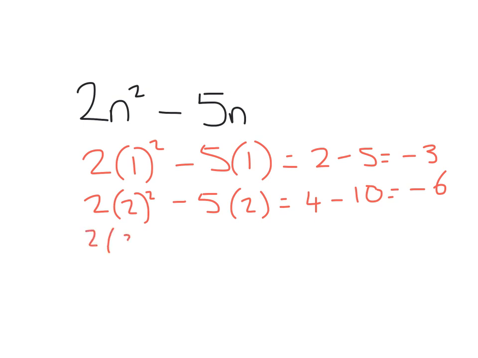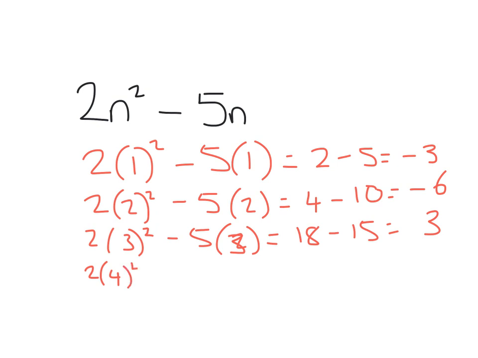For our third term, we've got 3 squared, which is 9. 9 times by 2 is 18. So we've got 18. Take away 5 lots of 3, because n is 3. And that will give us 15. So we've got 3 as our third term.